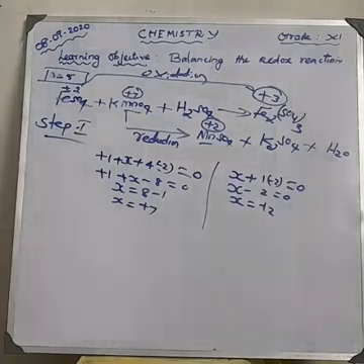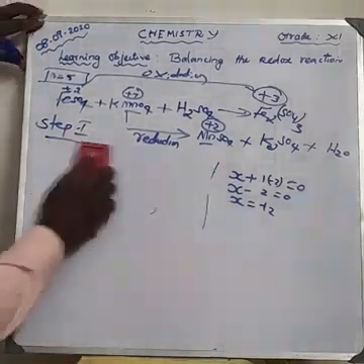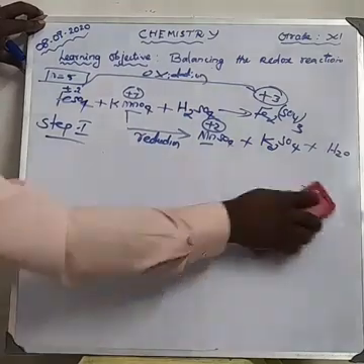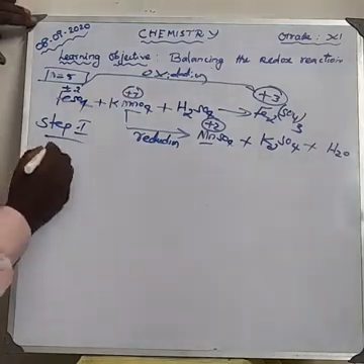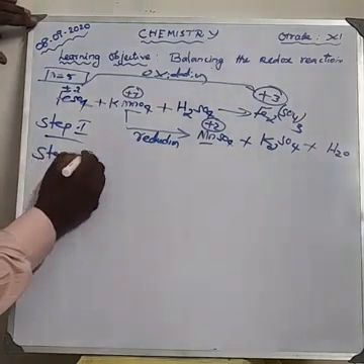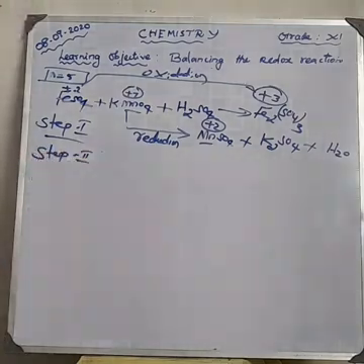Next, step 2. What is step 2? The total number of electrons lost is equal to the total number of electrons gained. Clear?